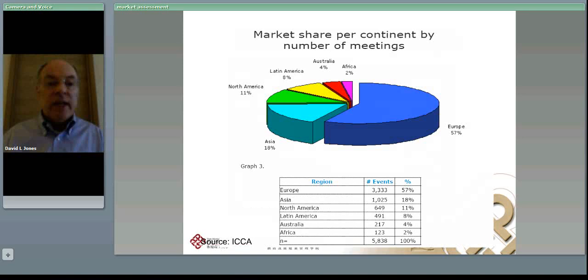You see Asia at 18%, North America at less than that. So if you're thinking about these regions of the world, think about New Zealand, only 4% come from Australia. So where are we going to get those meetings? That's a way to look and make our own comparison.